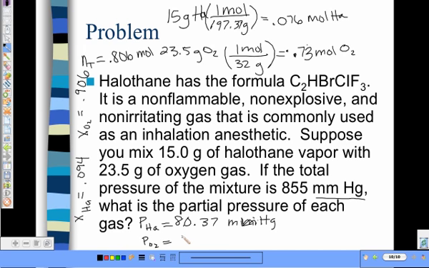Should be like 780 millimeters mercury. 774.63 millimeters mercury.